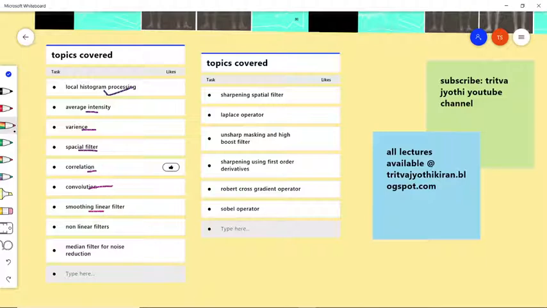This correlation and convolution we will apply within deep learning and machine learning processes. Also smoothing linear filters, non-linear filters, median filters for noise reduction, sharpening spatial filters, the Laplace operator, and unsharp masking and high boost filters. We applied sharpening using first order derivatives and the magnitude vector, and discussed the Roberts cross gradient operator and the Sobel operator filter. We will meet in the next lecture.